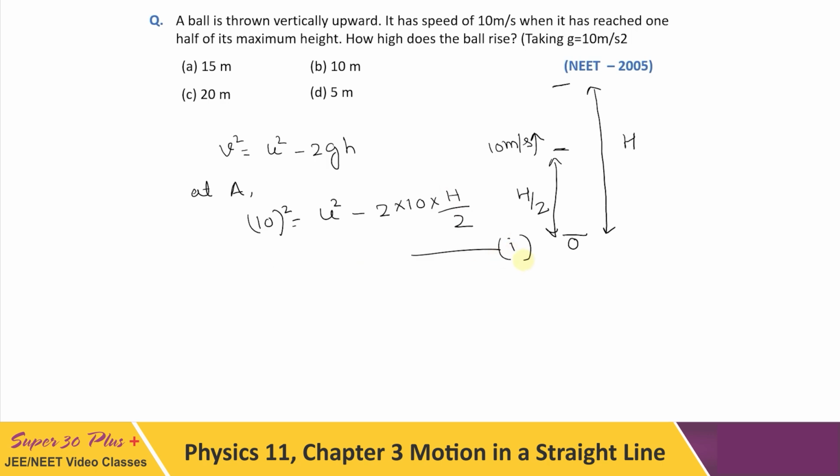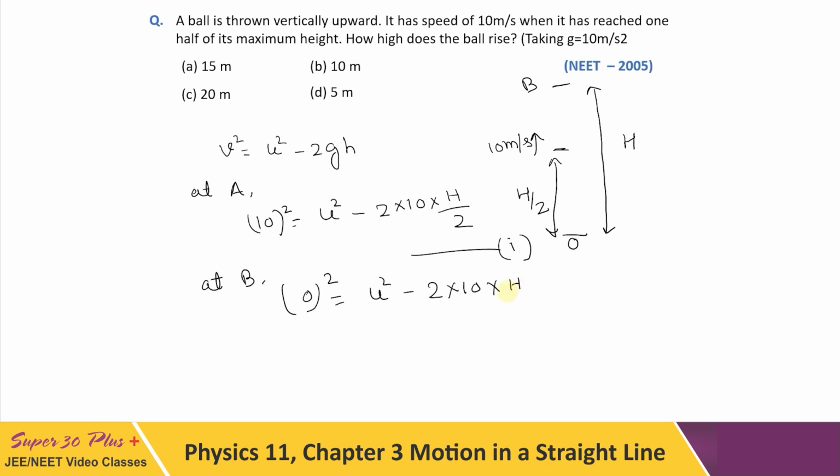What about the maximum height? At maximum height, let us represent this by B. So at B, velocity has to be 0. It has reached the maximum height. So 0 should be equal to u square minus 2gh, because now the whole displacement is h. So that will be 2 into 10 into h. This is our equation number 2.